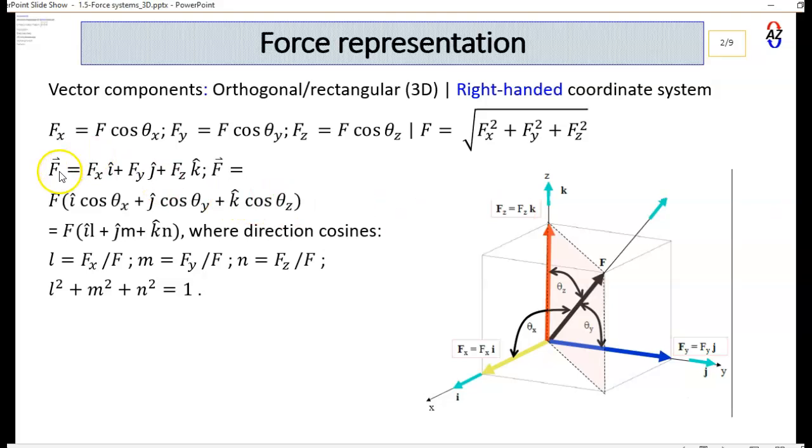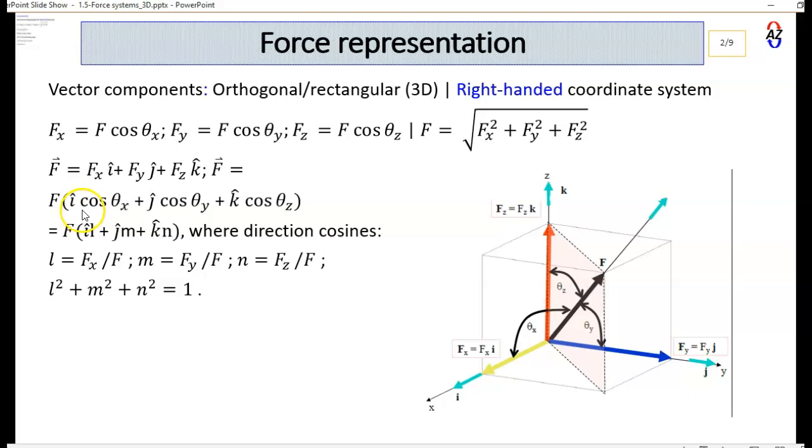F is Fx, the scalar, times i plus Fy times j plus Fz times k. Since Fx is F cos theta x, you can write it like this: F is F times (i cos theta x plus j cos theta y plus k cos theta z).